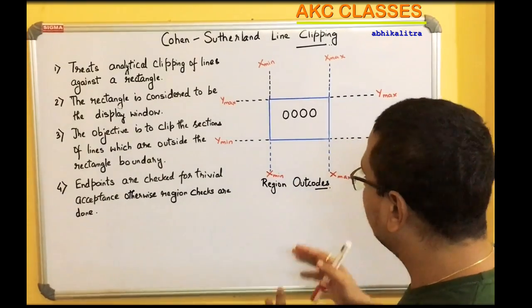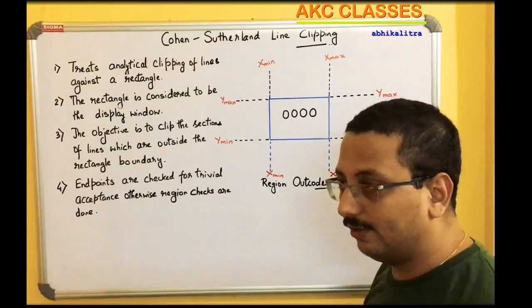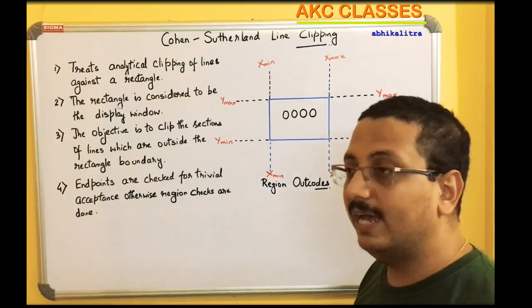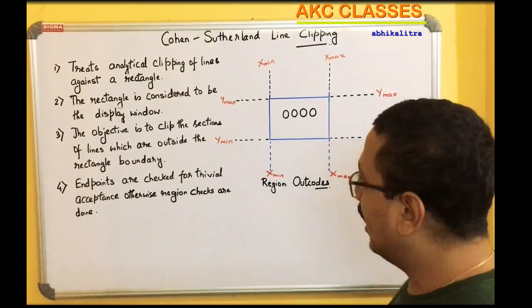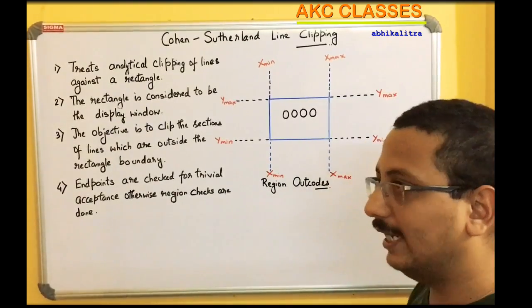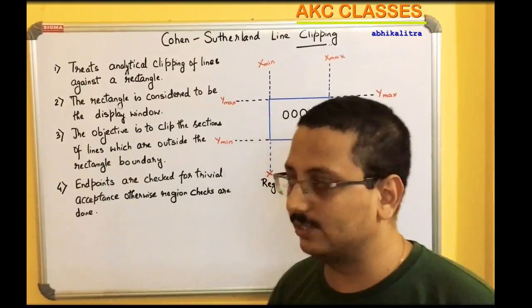In such a case, when the line has exceeded the rectangle boundary, we have to find the region codes of the line. To calculate the region codes, we are going to first see what rules we are going to consider, right?